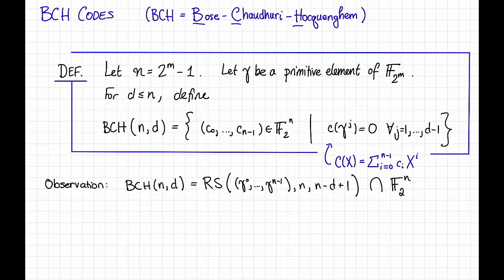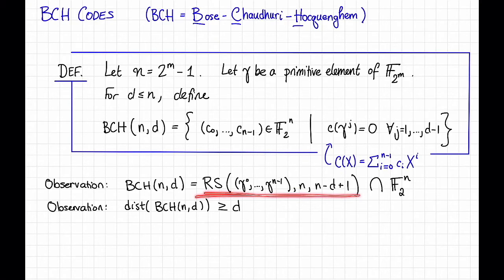Based on this observation, we can make the following two observations. First, the distance of this BCH code is at least d, because d is the distance of this corresponding Reed-Solomon code. And we got from this Reed-Solomon code to this BCH code by just throwing out all of the non-binary code words, so that's not going to make the distance any smaller.